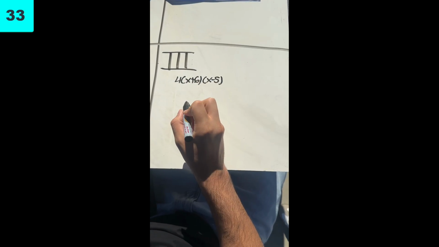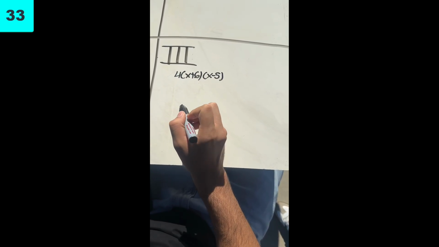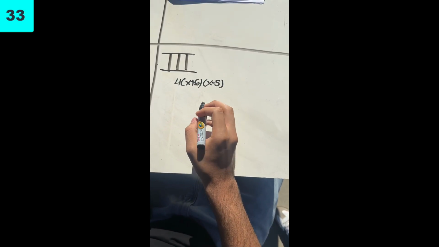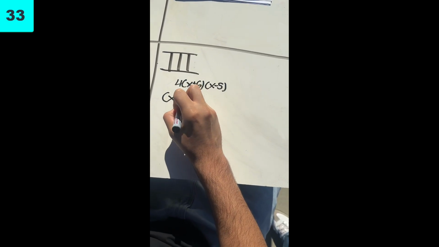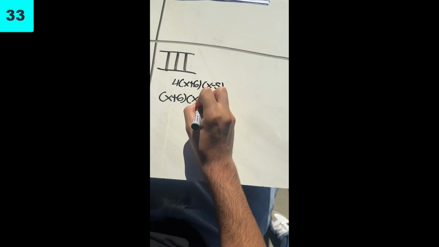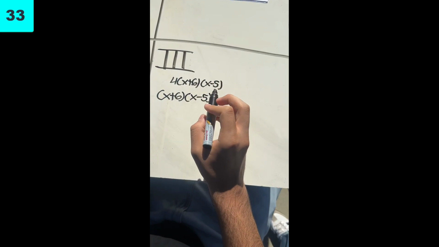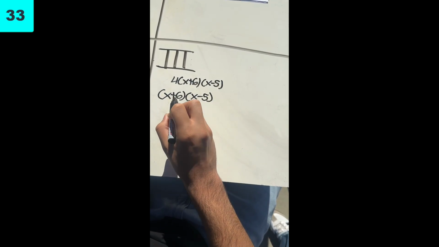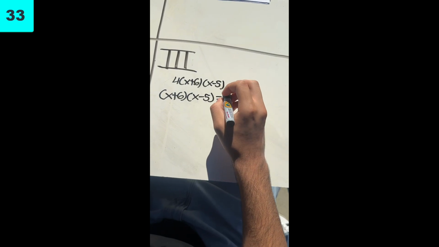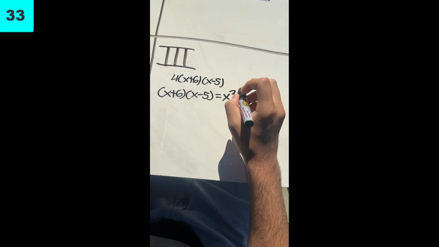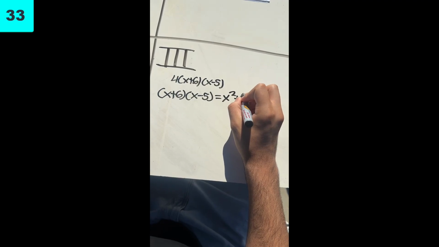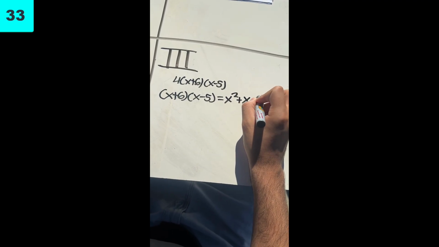Hello, my name is Ricardo, and I'm going to show you how to do quadrant 3. So the first thing we want to do is we're going to expand the parentheses. So x plus 6 and x minus 5. We multiply these two together, and that will equal x squared plus x minus 30.